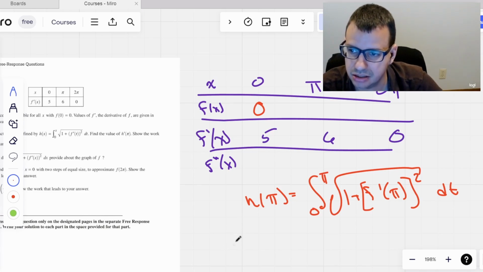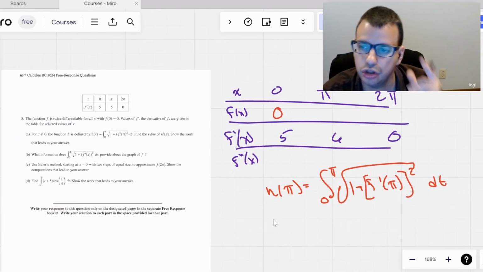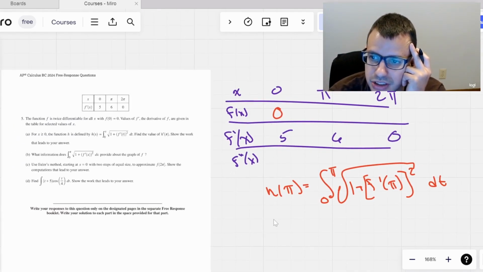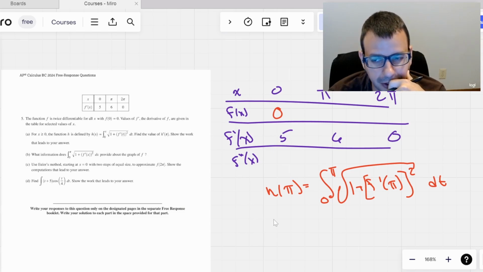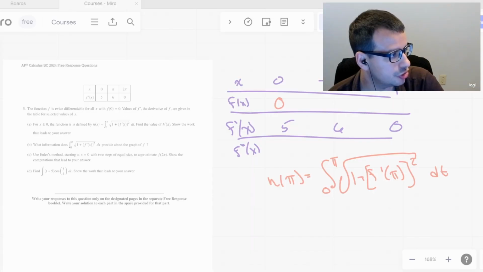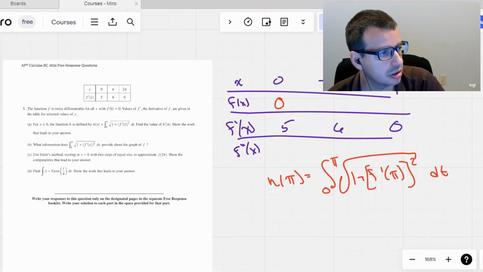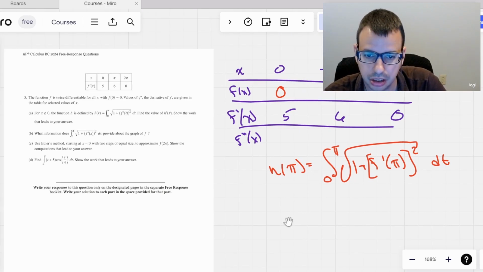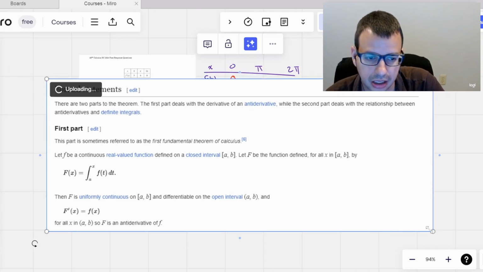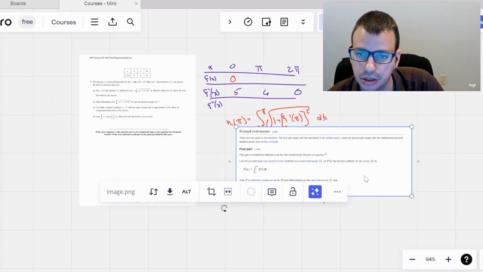That is not useful, is it? I don't think it is. Use fundamental theorem of calculus. Make it a little bit smaller.